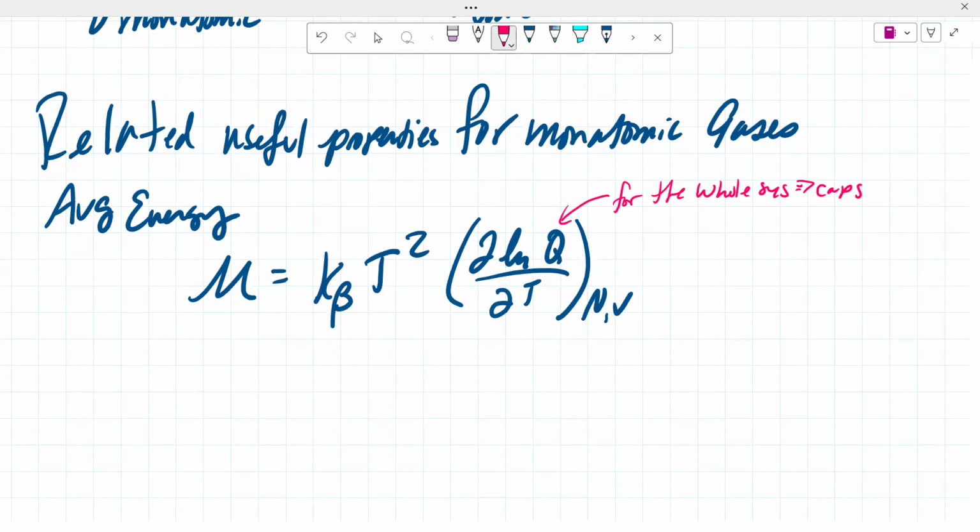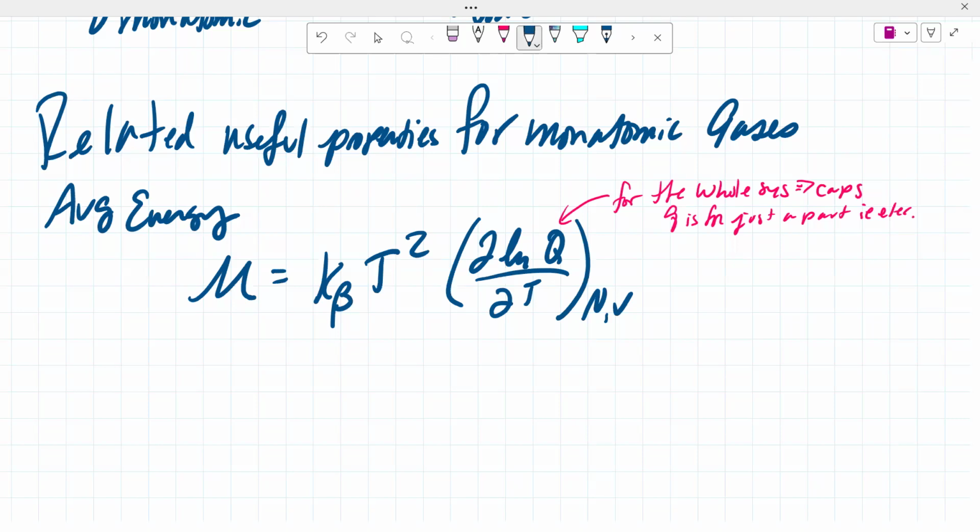Q is for a component, right? Q is for just a part, like if you're just doing electronics. So now this is the whole thing. Also, we need N and V to be constant for the total. That's why we have N and V down here like that.